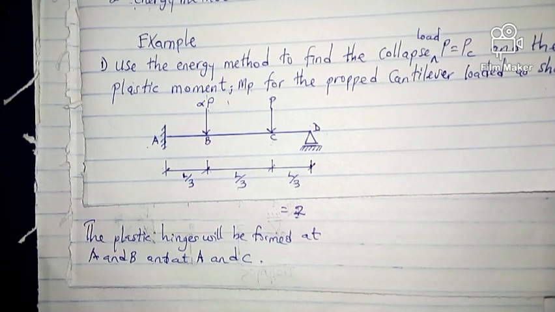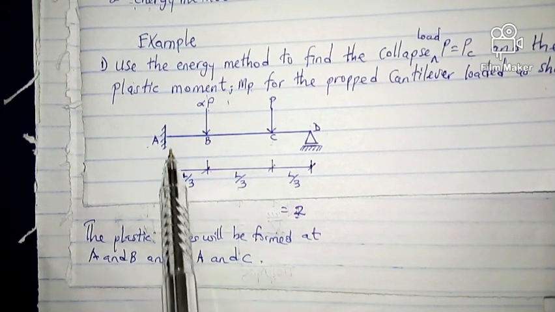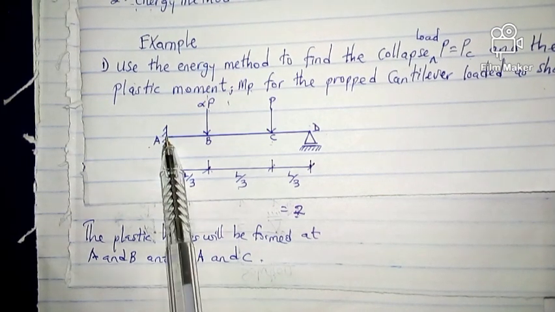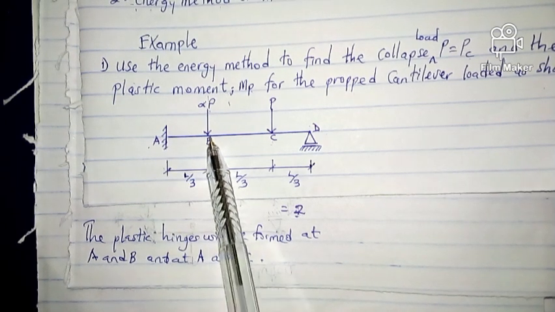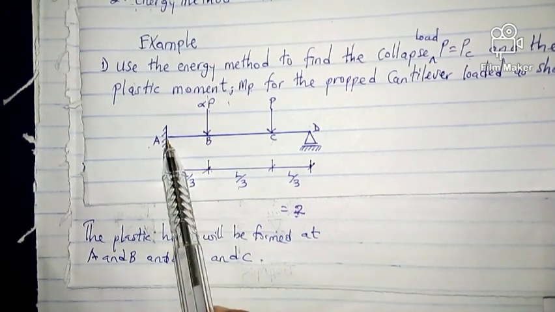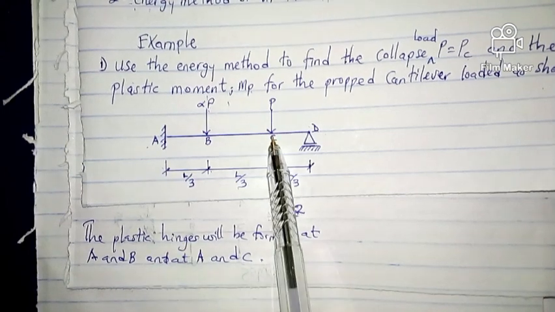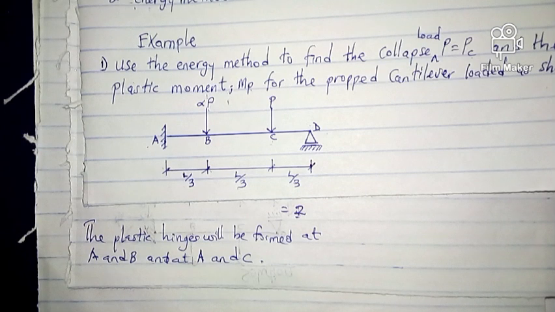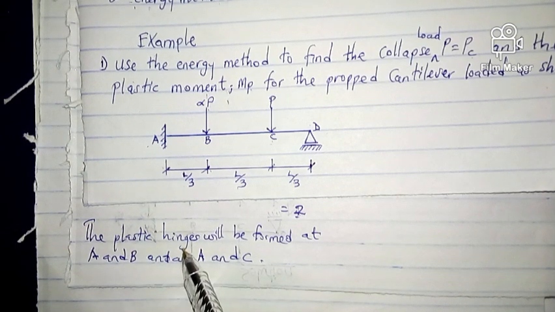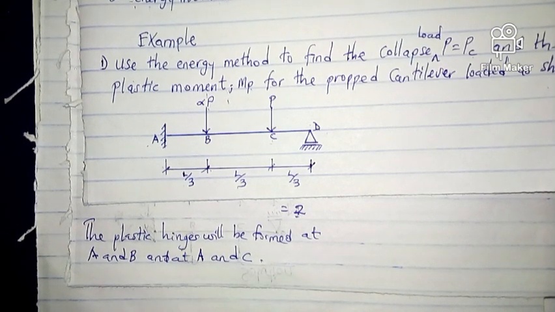Now, this plastic hinge will be formed at this place, A and B, and also at E and C. And let me give you a hint how you know where the plastic hinge is going to be formed.